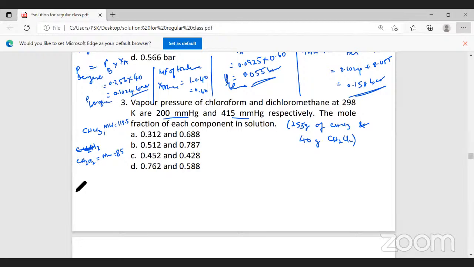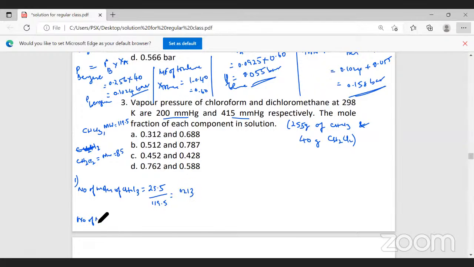So what will be the number of moles of chloroform? The first thing you're supposed to do is to calculate the number of moles. Number of moles of chloroform is 25.5 divided by the molecular mass of chloroform we calculated, 119.5. That will be equal to 0.213 mole.